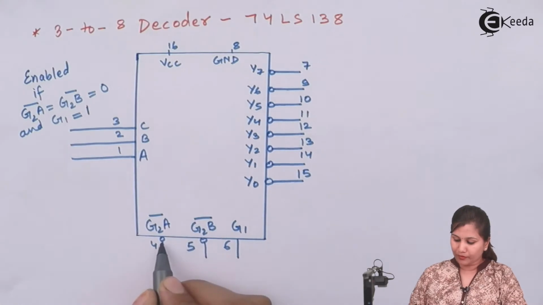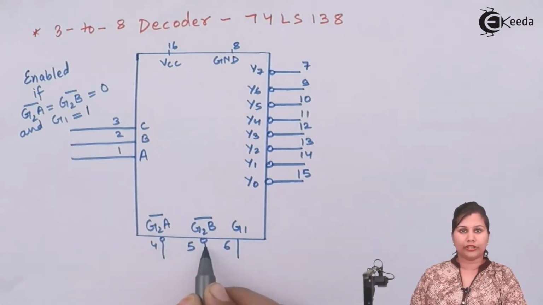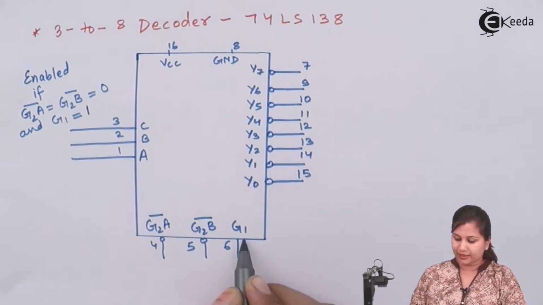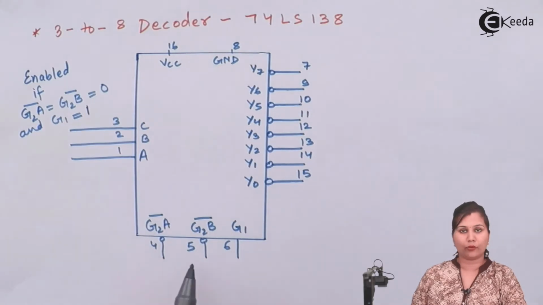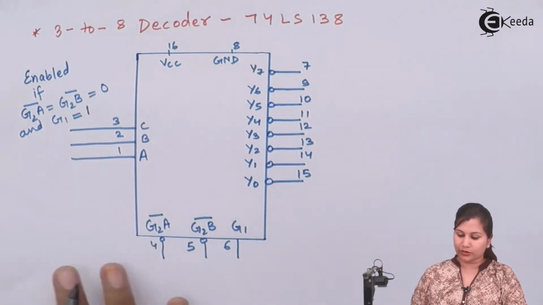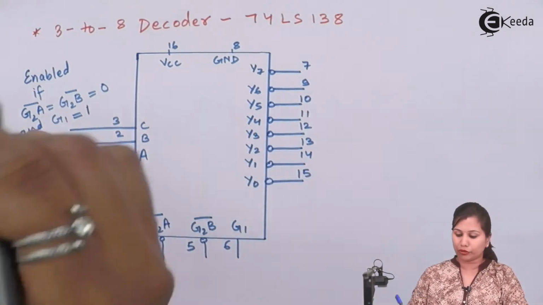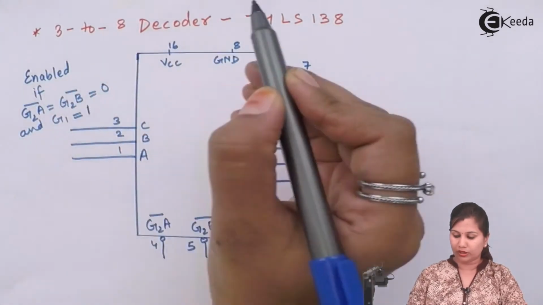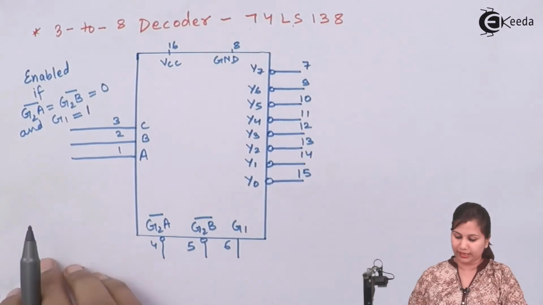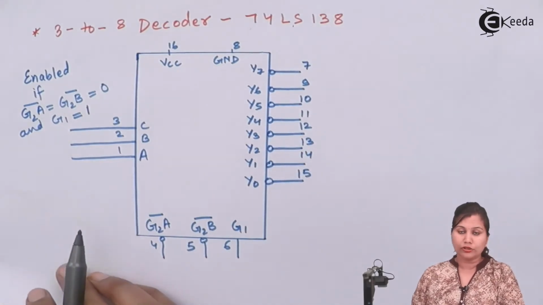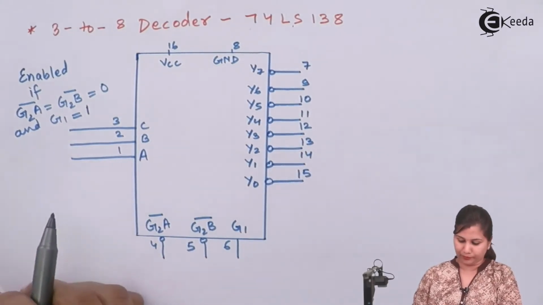We have the bubbles here to denote that these are the active low enable lines, and this is the active high enable line. These are connected at the pin numbers 4, 5 and 6. So this is the pin diagram for the 3 to 8 decoder, whose IC number is 74LS138. Now let's see the truth table for it.